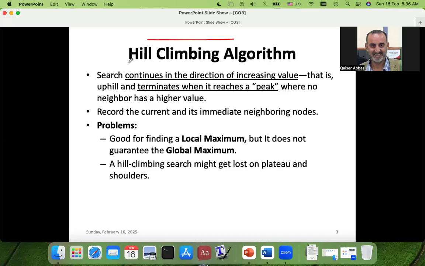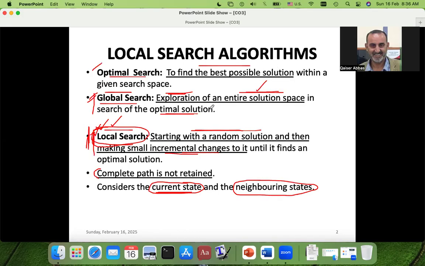Anyhow, what this algorithm does is it will start with some random initial state, because this is the property of local search. And then it will go in the direction of increasing value, which means improvement. In all steps, it will try to have improvements. This is the definition that you have seen here.